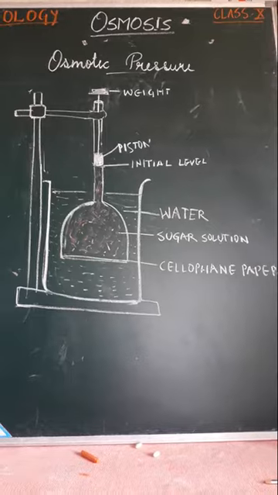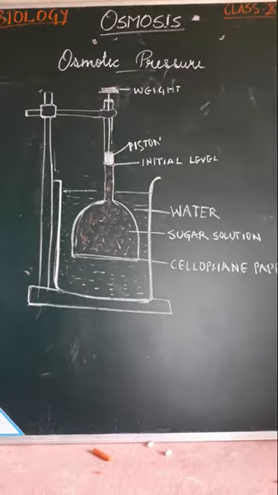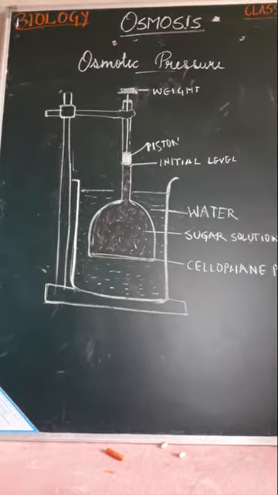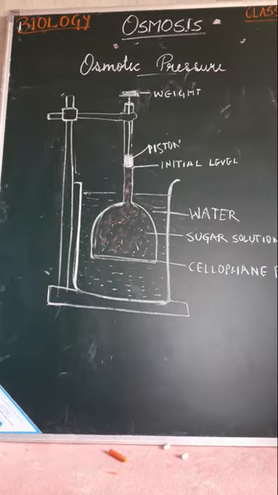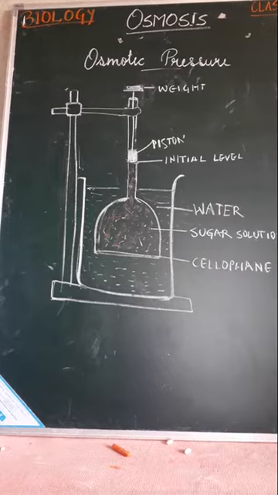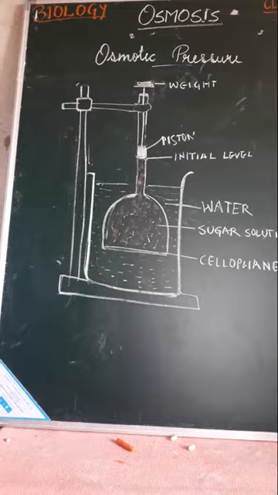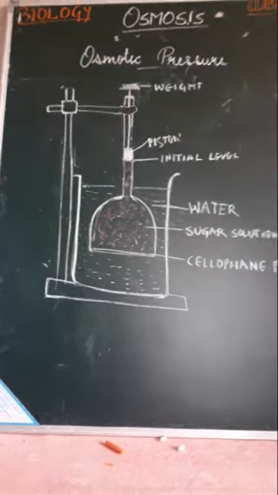Dear students, here is how to define osmotic pressure. Sometimes you will be asked to define osmotic pressure. Osmotic pressure is the minimum pressure that must be exerted to prevent the passage of pure solvent into the solution when both are separated by a cellophane paper or semi-permeable membrane.